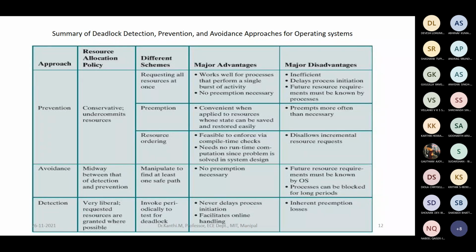So this is a summary of deadlock detection, prevention and avoidance approaches for operating systems. There are advantages and disadvantages of each.